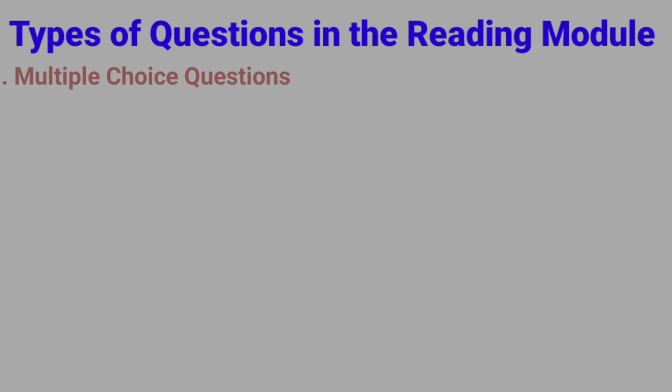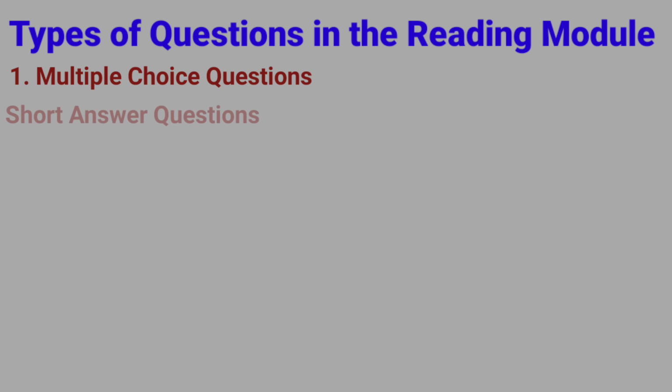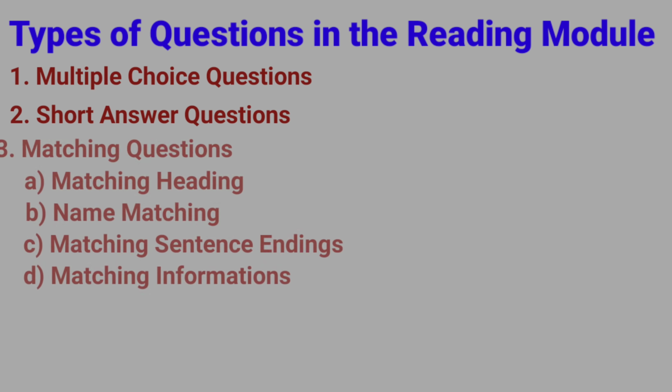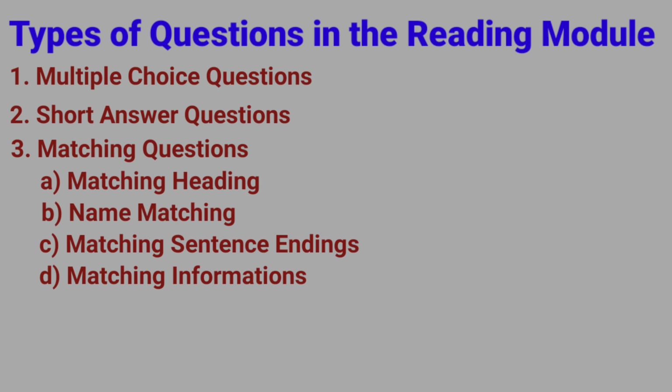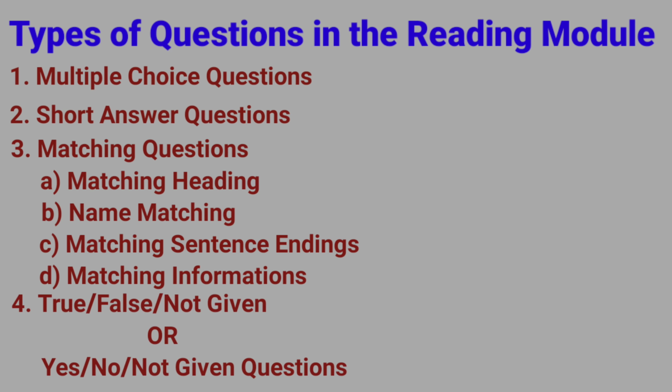They are multiple choice questions, short answer questions, and matching questions. In that, different types of matching questions are there: matching headings, name matching, matching sentence endings, matching information. Next are true, false or not given, or yes, no or not given questions.